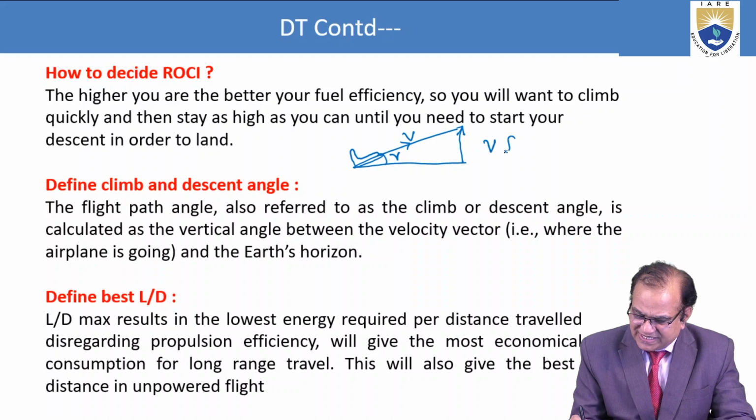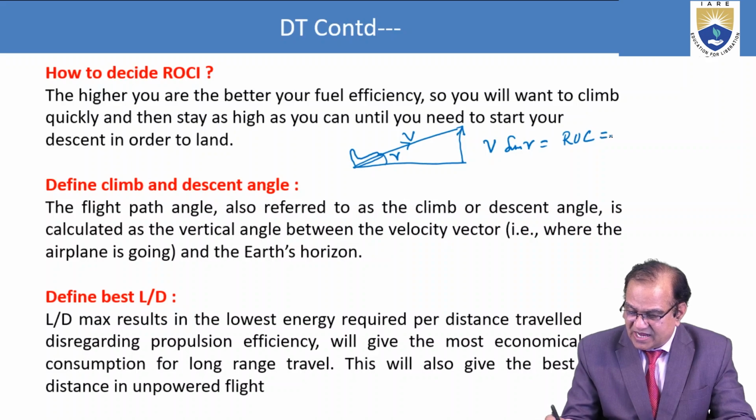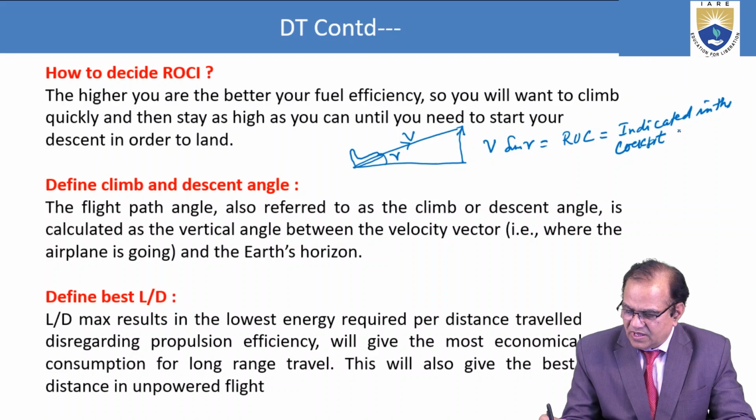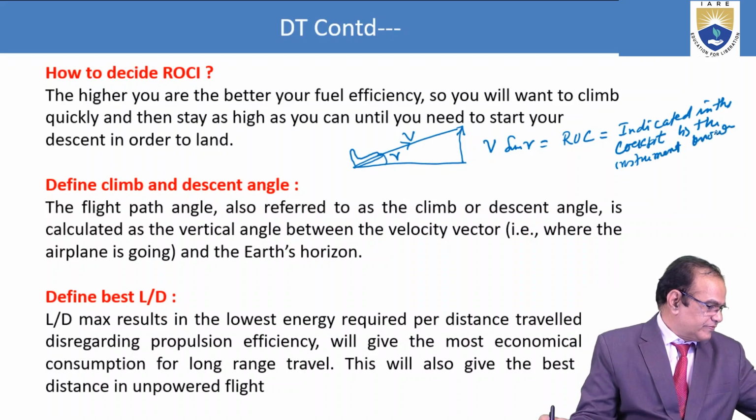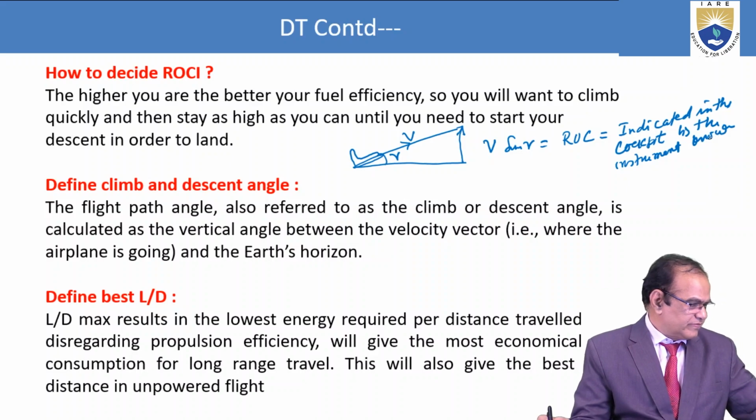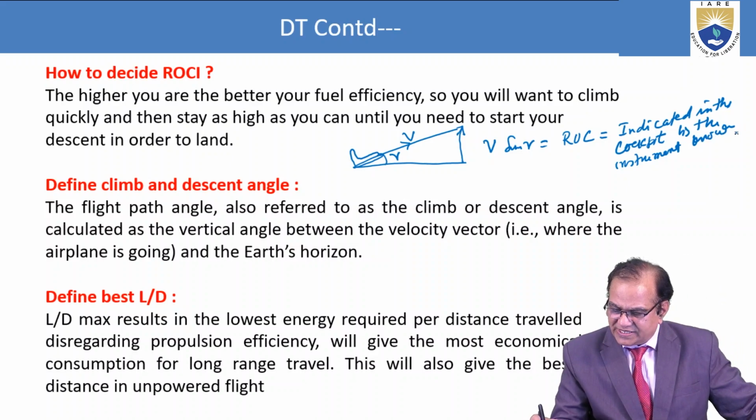So we can write V sin gamma, and this is the rate of climb, and this can be indicated in the cockpit by the instrument known as the ROC indicator.